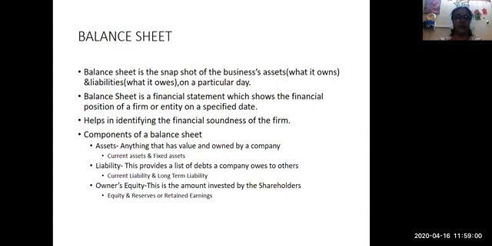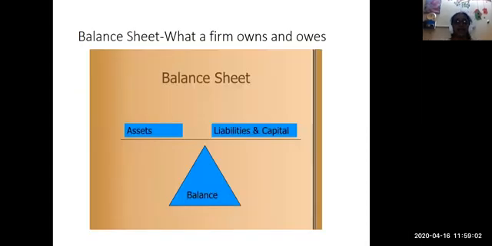Now, the balance sheet is shown here pictorially. We can represent the balance sheet like this. On both sides you can see it is balanced. On the left hand side is assets, and the right hand side is capital and liabilities put together, which have to be balanced together.